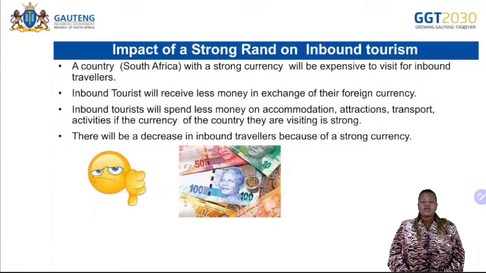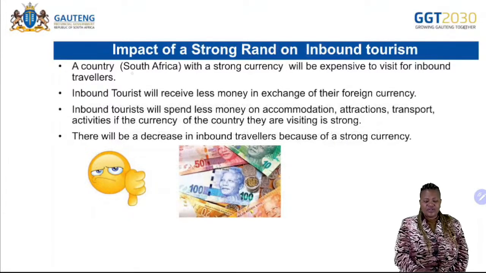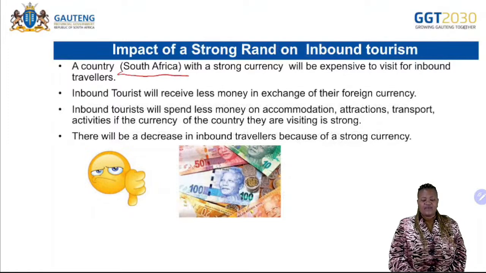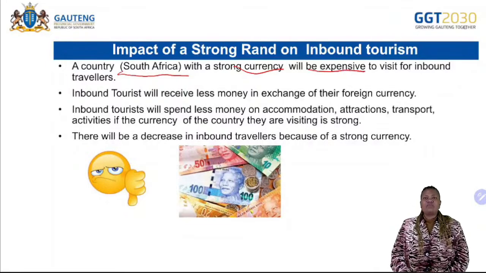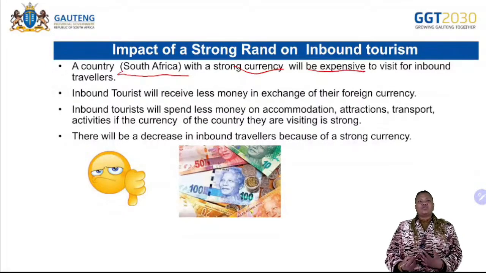And then we look at the impact of a strong rand on inbound tourism. A country like South Africa with a strong currency will be expensive to visit for inbound travelers. Remember in grade 10, when you first started to learn about tourism, we spoke about the different types of tourism, including inbound tourism.